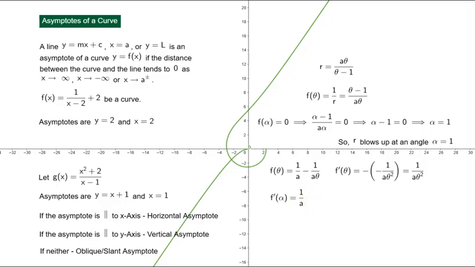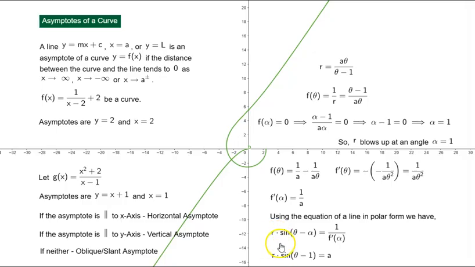How did we get 1 by a? Because here we are substituting theta by alpha, which is 1. So here it becomes 1 by a alpha square. So we end up with 1 by a. Using the equation of a line in polar form, we have r times sine theta minus alpha is equal to 1 by f prime of alpha.